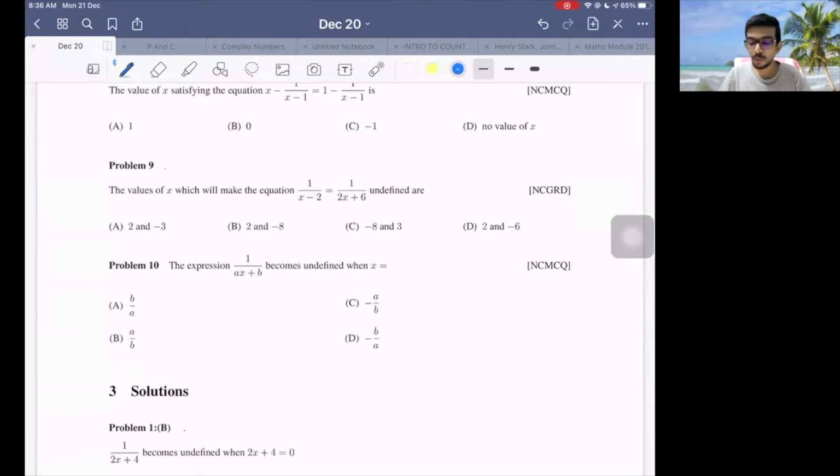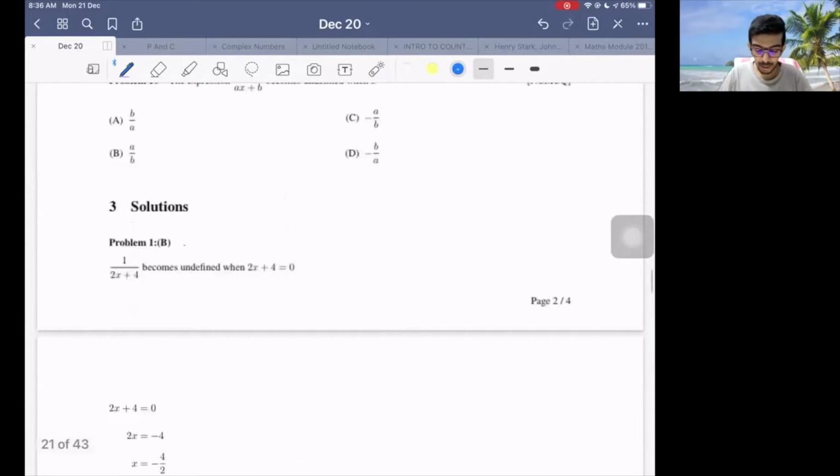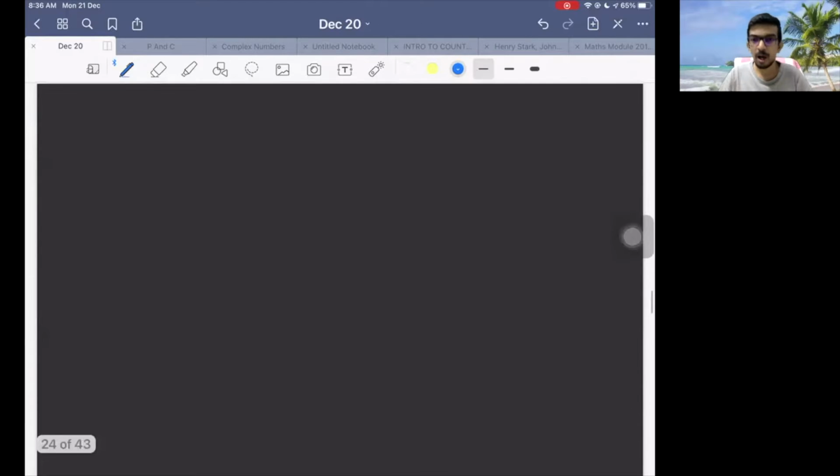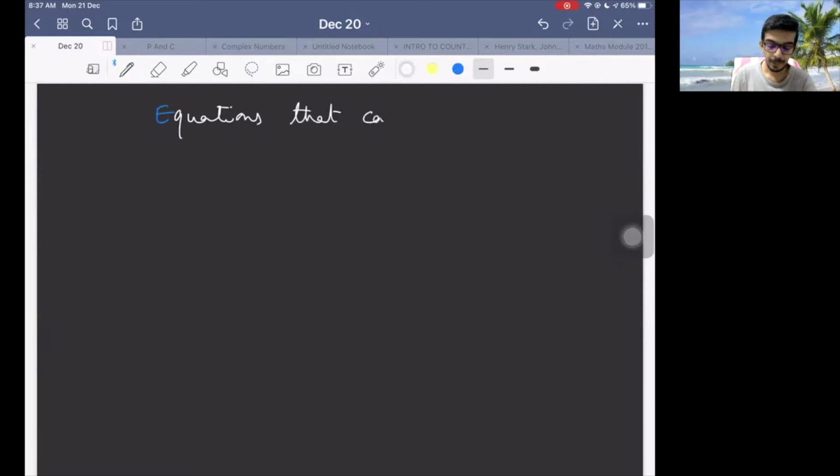Now we'll move on to the topic which I was talking about for long, which is equations that can be converted to linear equations.